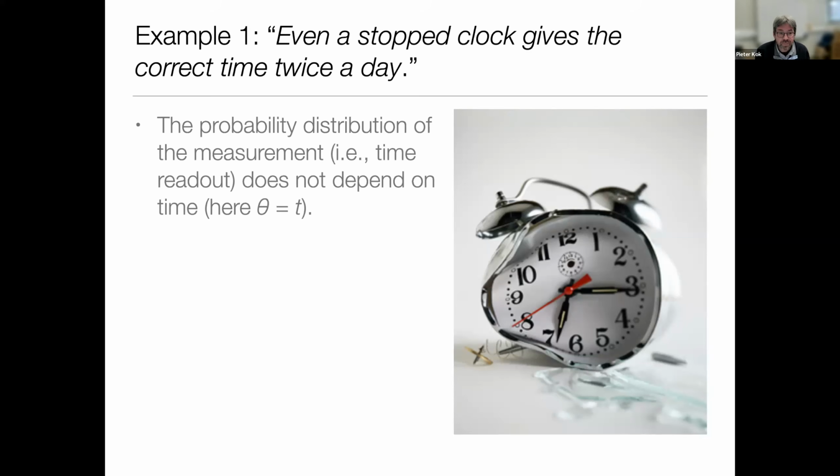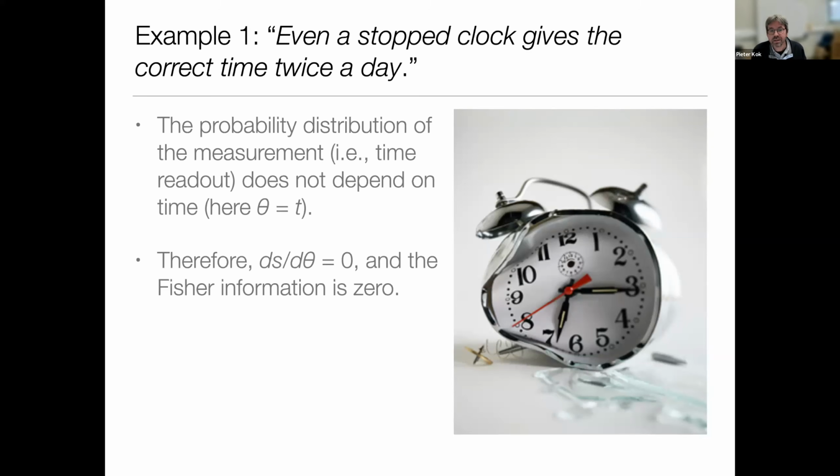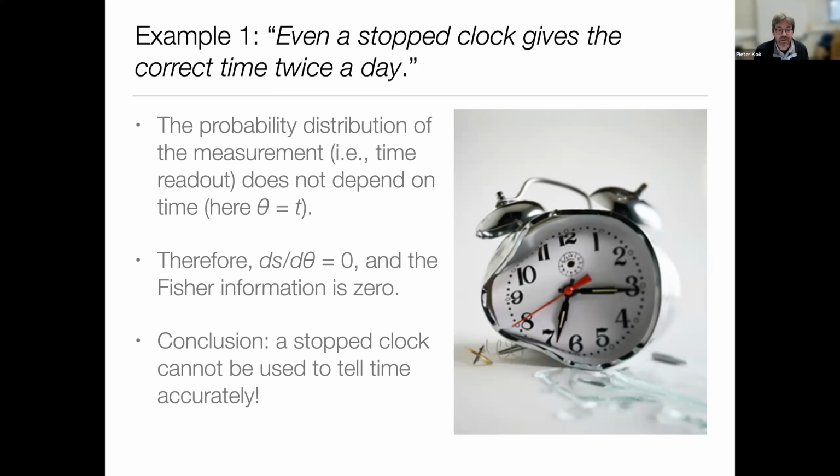And therefore ds d theta is 0, because all the probabilities are constant, and therefore the Fisher information is 0. So there you have it. A stopped clock cannot be used to tell the time accurately. I'm sure you were all very relieved that I finally proved this.